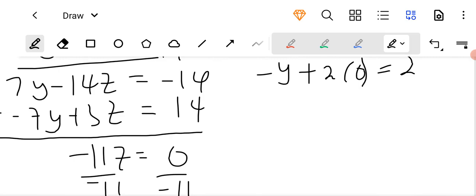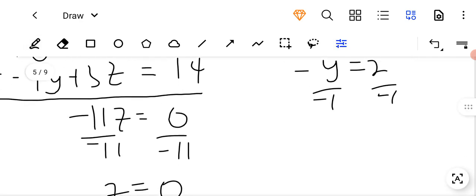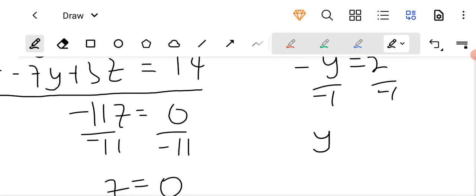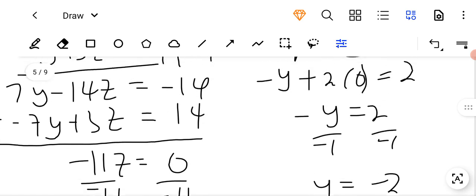To continue, negative y is equal to positive 2, divide by negative 1, divide by negative 1. Y is equal to negative 2.